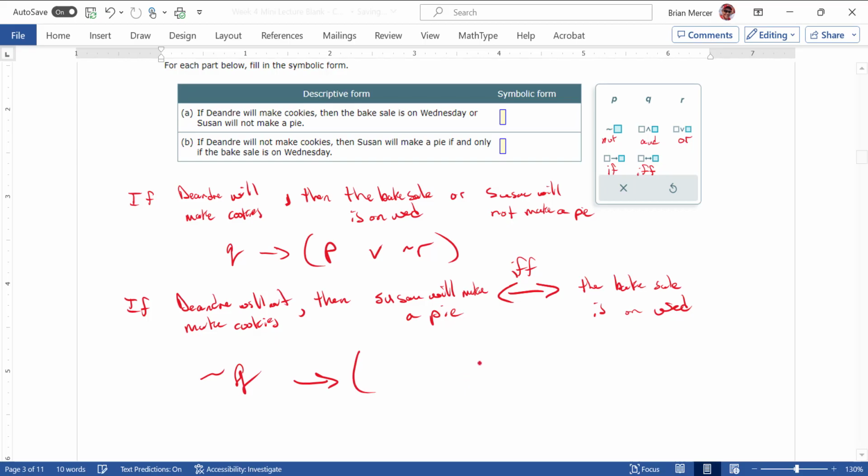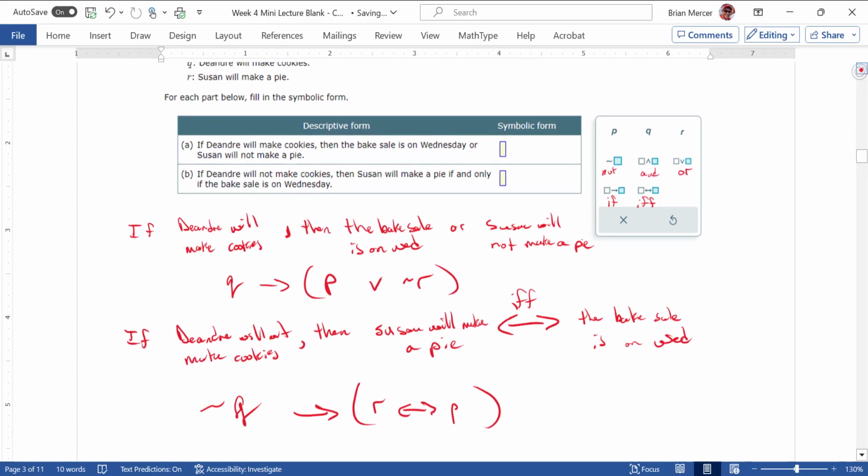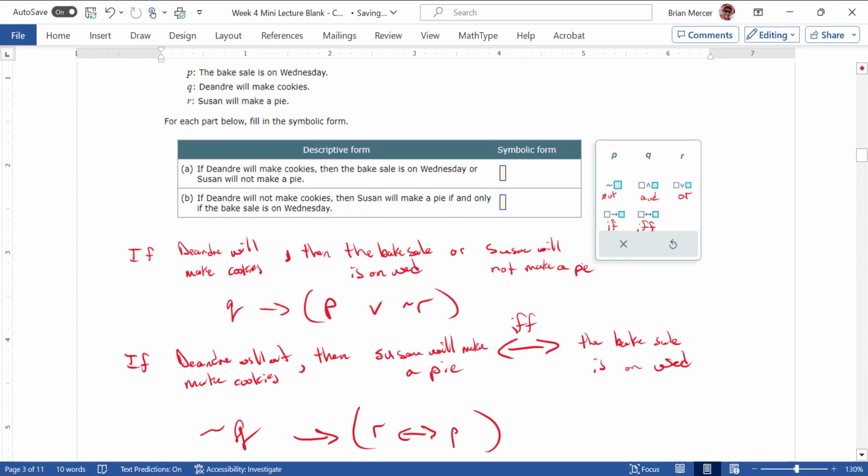Well, this group, and that's Susan will make a pie. And so that would be R if and only if the bake sale is on Wednesday. And so that was statement P. And I realize you can't quite see all of that, so I'll speed back up so we can see them.